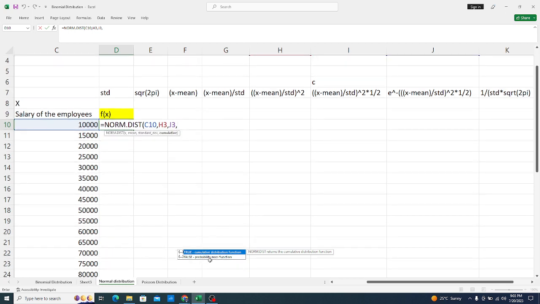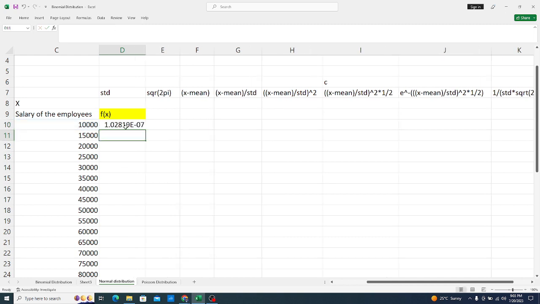Then comma, we'll need the probability mass function, but not the cumulative distribution function. Remember I had explained that is the difference. For us, we need the probabilities. So you select the probabilities and then close, and then you can enter. Good.